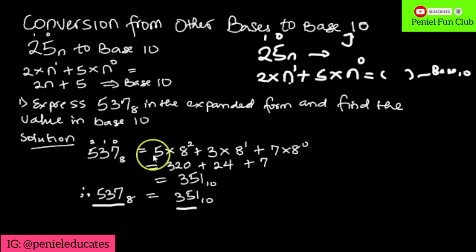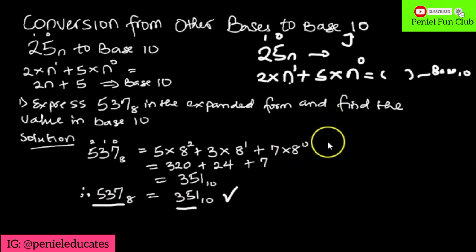So we'll go 5 times 8 raised to power 2, plus 3 times 8 raised to power 1, plus 7 times 8 raised to power 0. When we do all these calculations, 64 multiplied by 5 is 320, 3 times 8 is 24, plus 7. So you have 351 base 10. So 537 base 8 is 351 base 10.